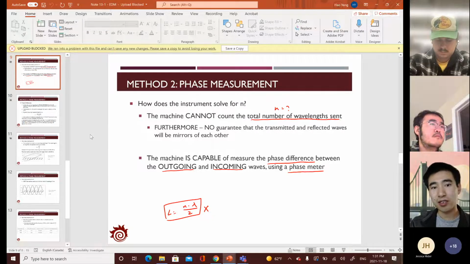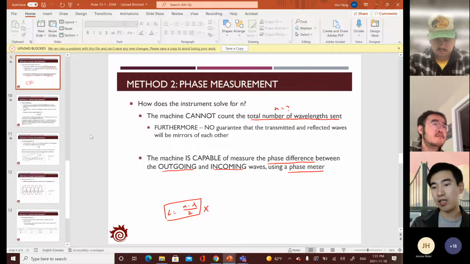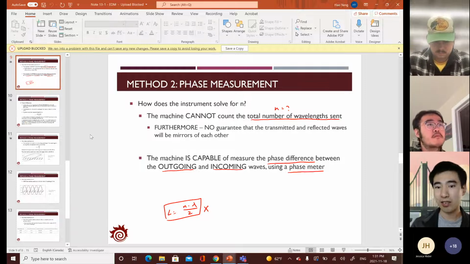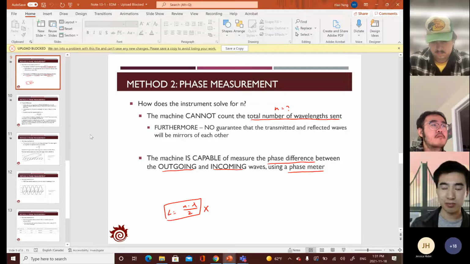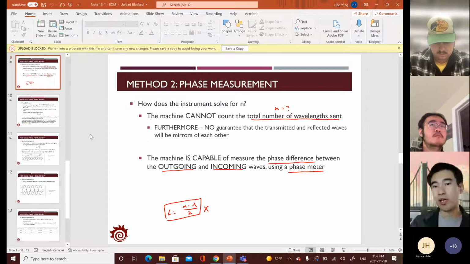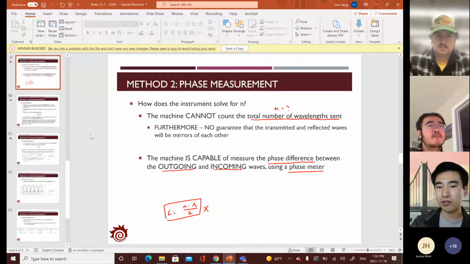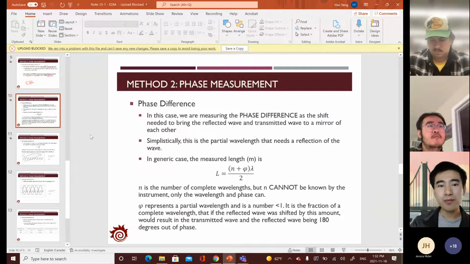Basically, for the EDM, we cannot identify the total number of waves that we can measure from the sender to the reflection back to the receiver, but we are able to measure the phase difference between the outgoing signals and the incoming signals at the receiver.